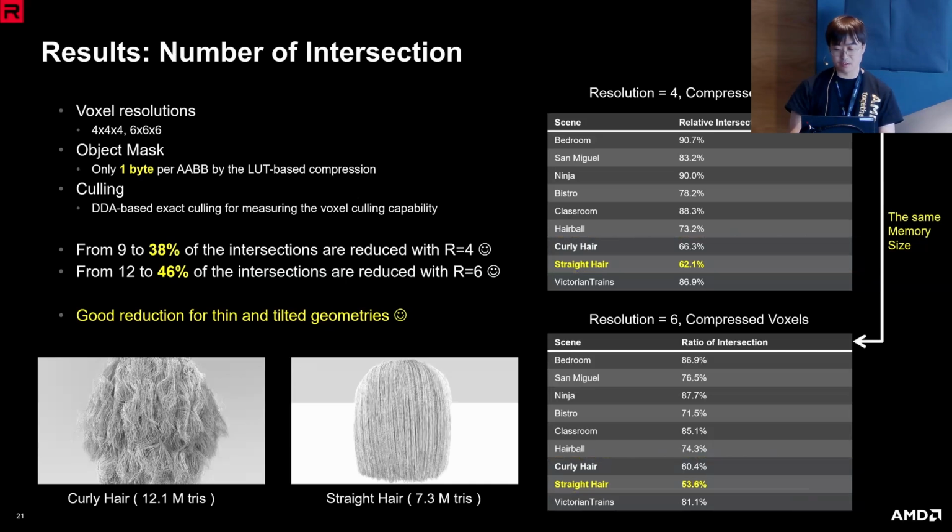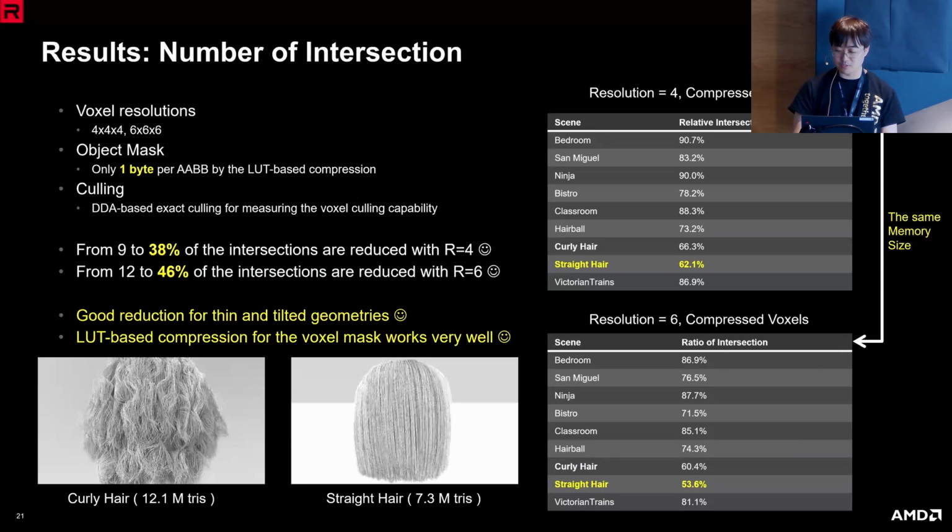One more interesting insight is that we observed higher resolution tends to have better reduction, but there is no memory size difference. So it also shows that the LUT-based compression for voxel mask works very well.